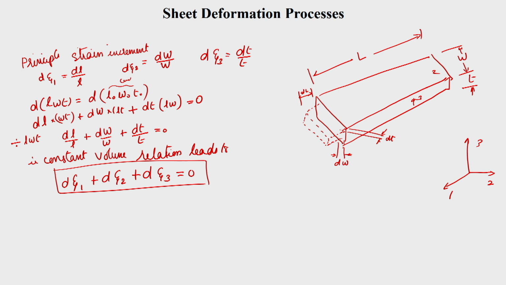And when we come to the stress and strain ratios, for an isotropic material, the properties are identical in all directions.